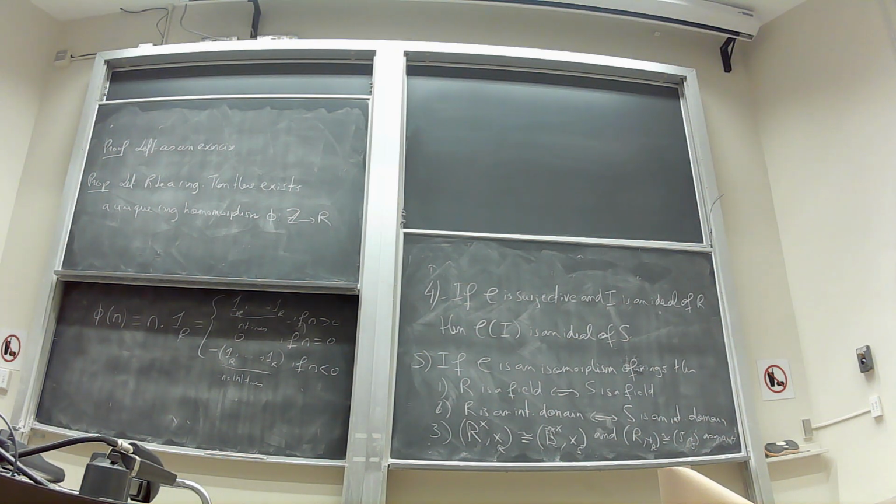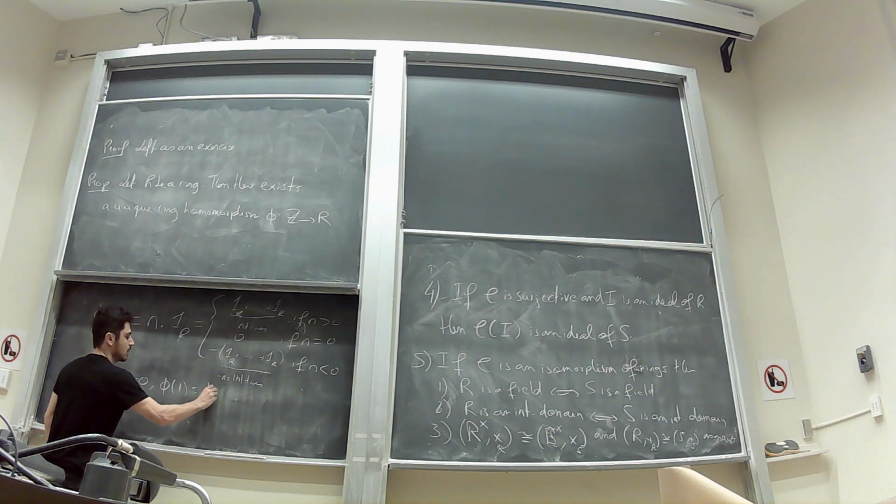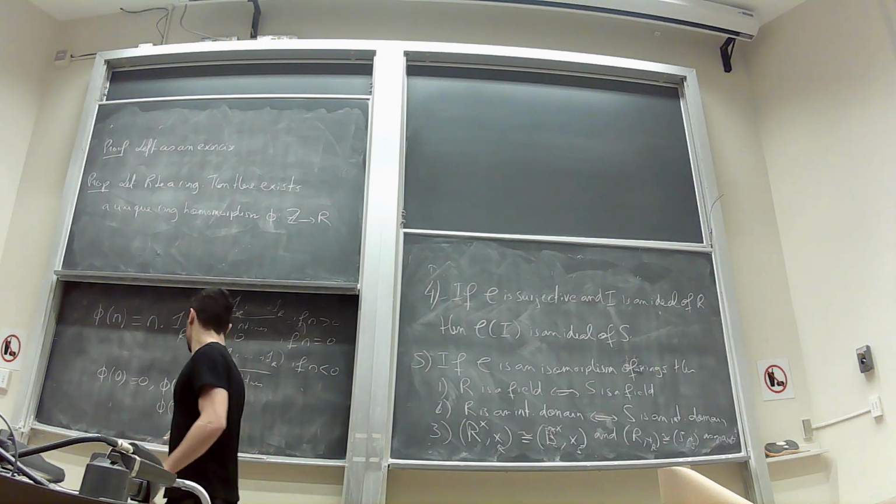Now if we think a bit about it, if you have a homomorphism from Z to another ring R, what should phi of 0 be? 0. What should phi of 1 be? 1. What should phi of 2 be? It's 1 plus 1, right?